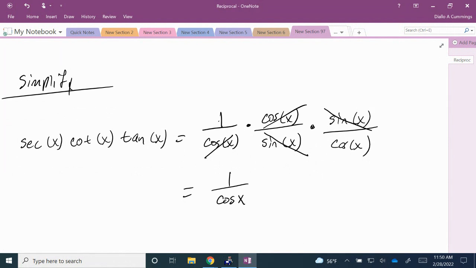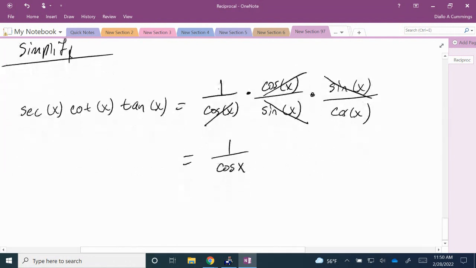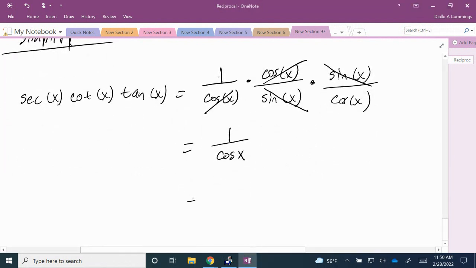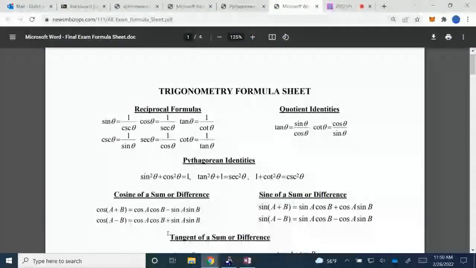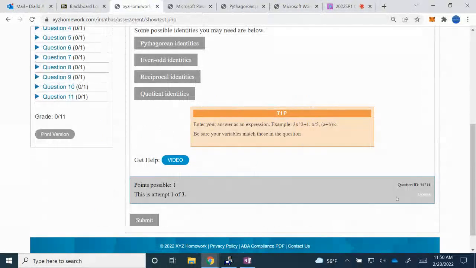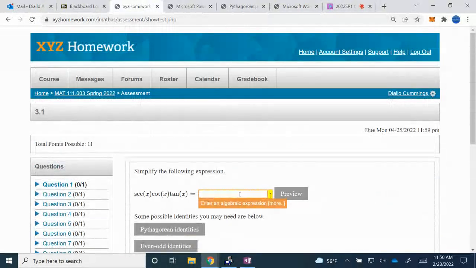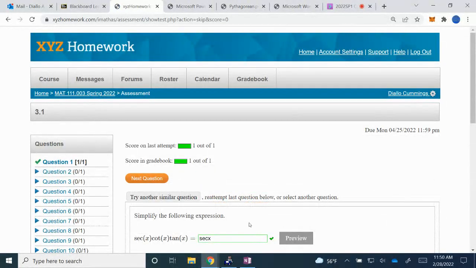And if we look at reciprocal identities, 1 divided by the cosine of x is equal to secant x. So we've simplified to secant x. And I should use a set of parentheses around x.